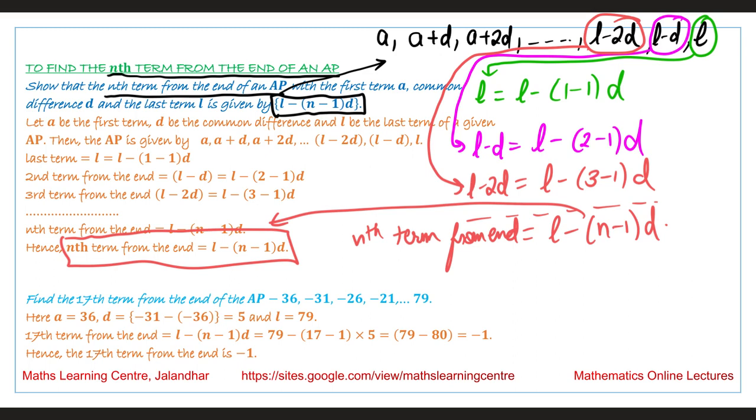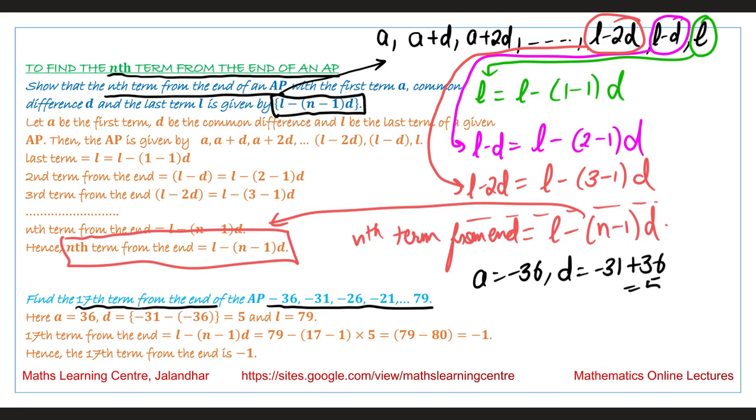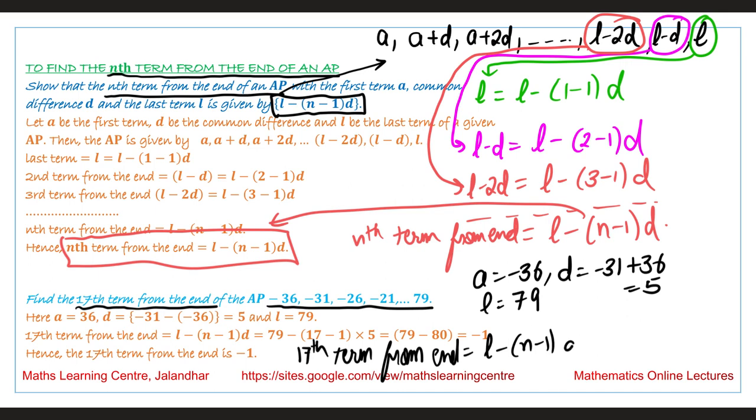Now the question based upon this is to find the 17th term from the end of this AP. We have the value of a as minus 36. The common difference d is minus 31 plus 36, which is equal to 5. The last term of this AP is 79. We have to calculate the 17th term from the end, which is l minus (n minus 1)d.